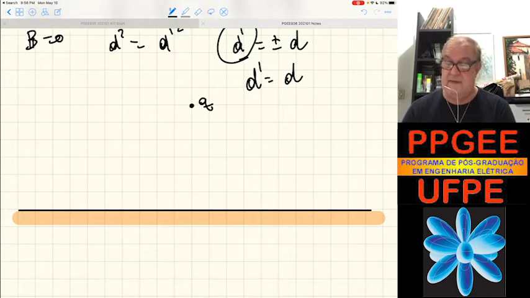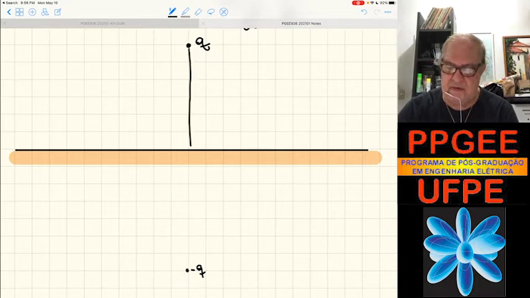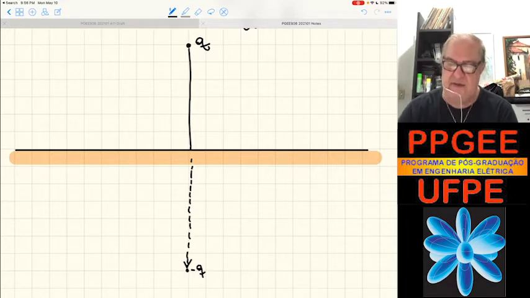Remember that we have a fictitious image charge here. The field lines are exactly the same field lines that, if you extend the line, are going to end on the image charge.